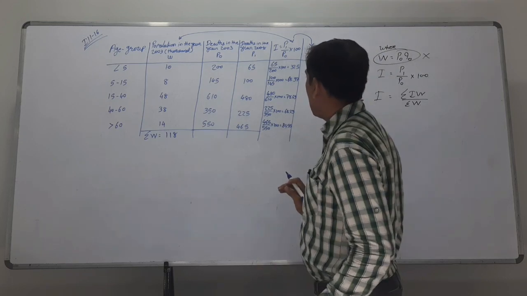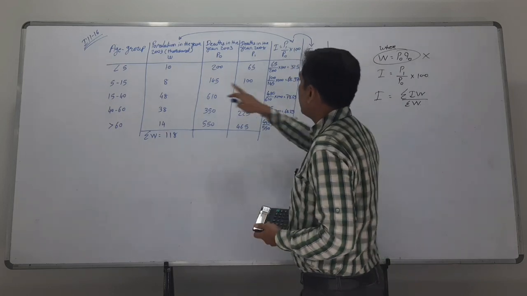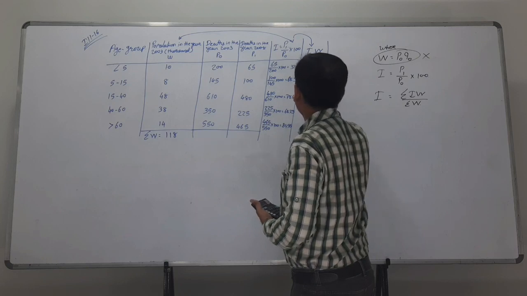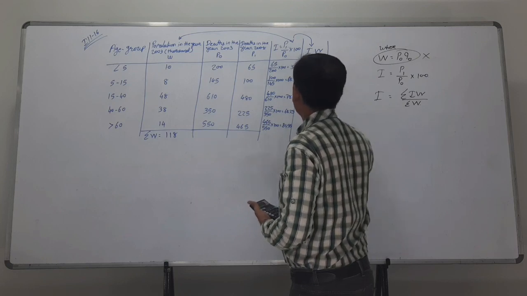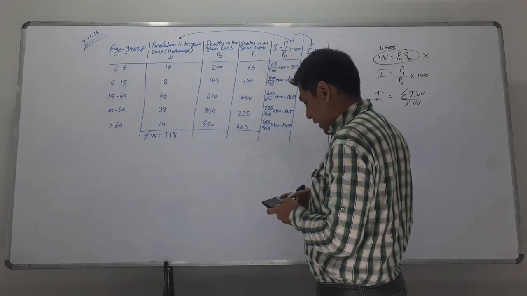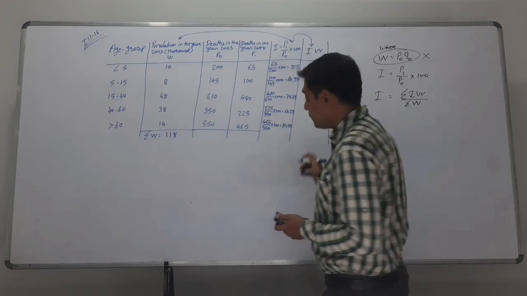IW is equal to what? 10 into 32.5, that is 325. Then 8 into 68.97, 551.76.